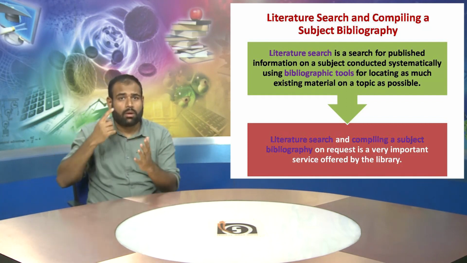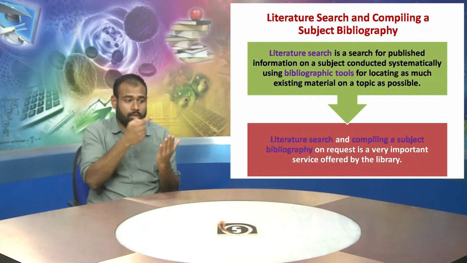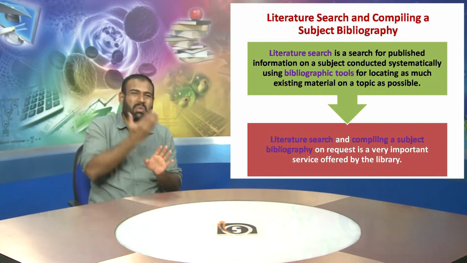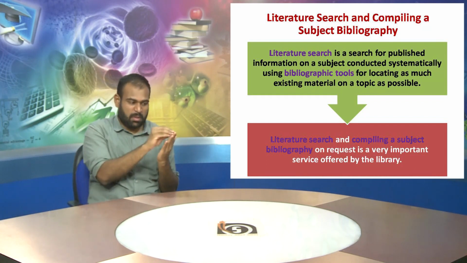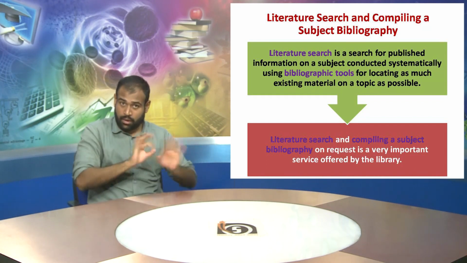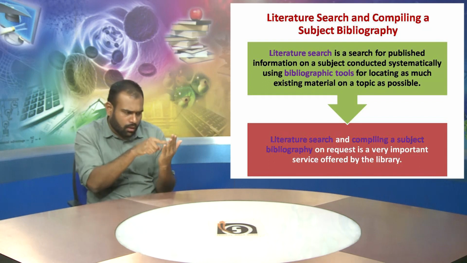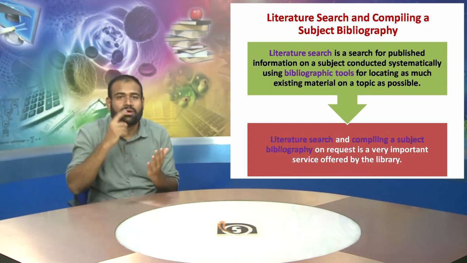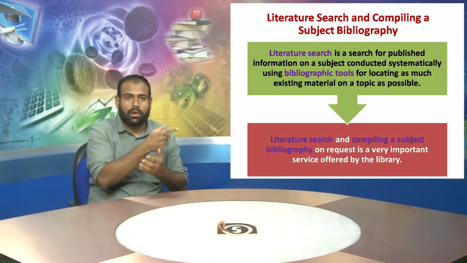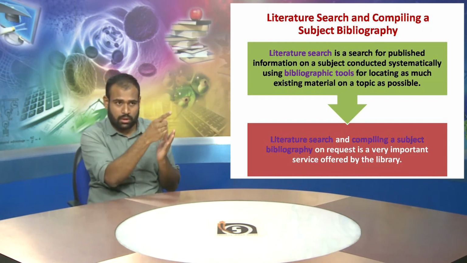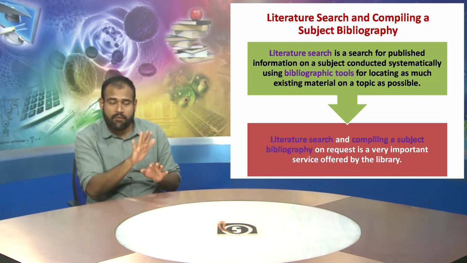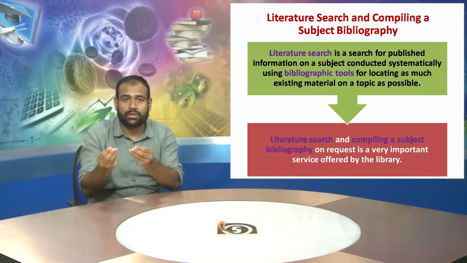Literature search is a search for published information on a subject conducted systematically using bibliographic tools for locating as much existing material on a topic as possible. Literature search and compiling a subject bibliography on request is a very important service offered by the library.